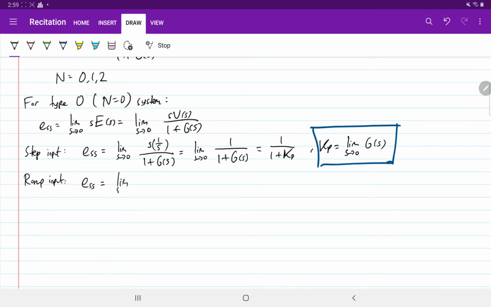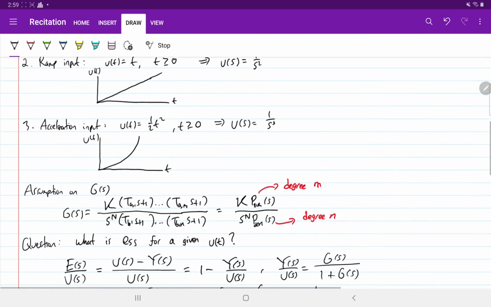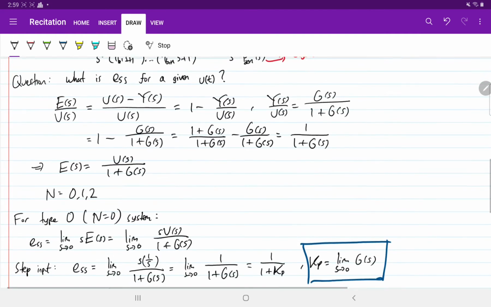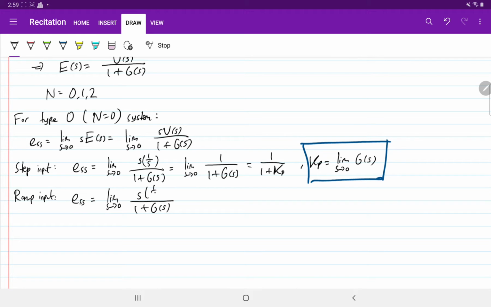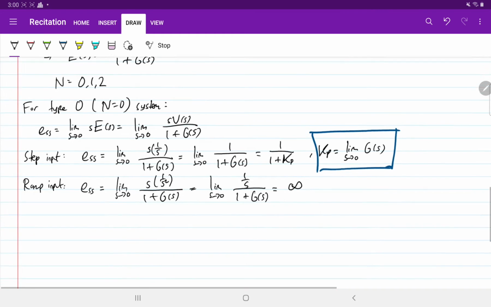So we have limit s to 0, s over 1 plus g of s, but since u of s is ramp input and ramp is 1 over s squared in Laplace domain, and we have 1 over s squared, which is limit s to 0 1 over s 1 plus g of s, which is infinity.